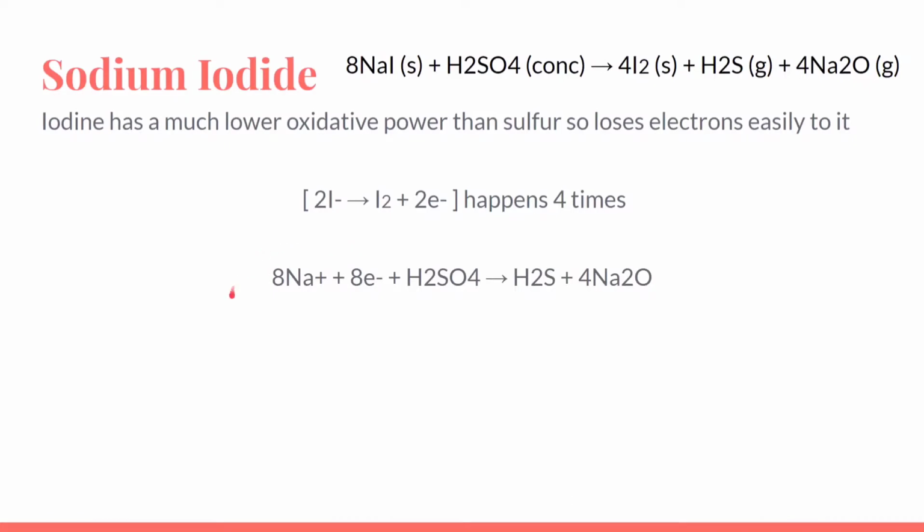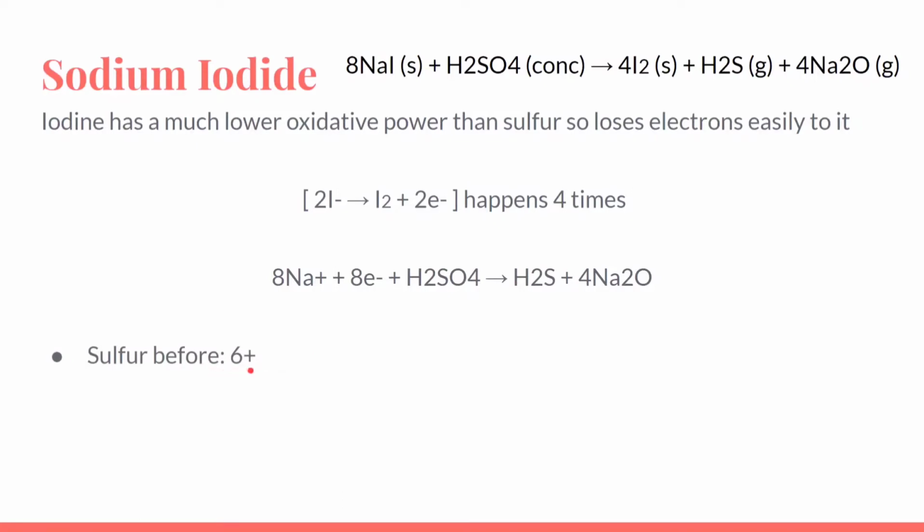And then in our second equation, you see we have our 8 sodium ions, our 8 electrons created from this reaction that happens 4 times, plus our sulfuric acid gets our 2 products.